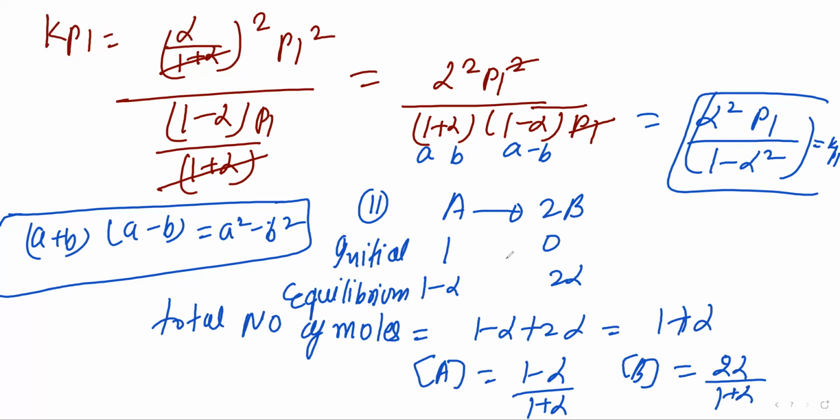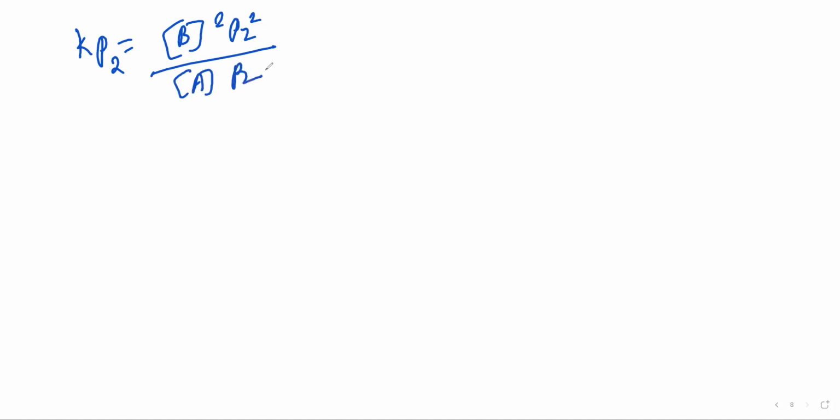Now put the values. For Kp2, we take the concentration of B square into P2 square, divided by concentration of A into P2.